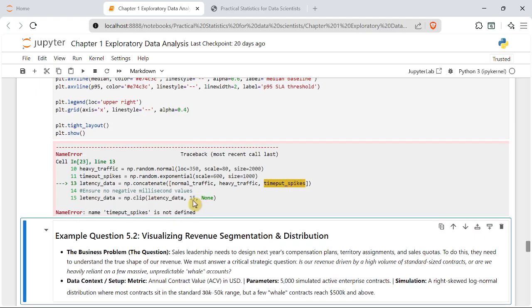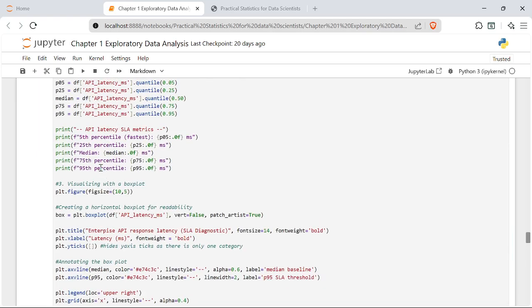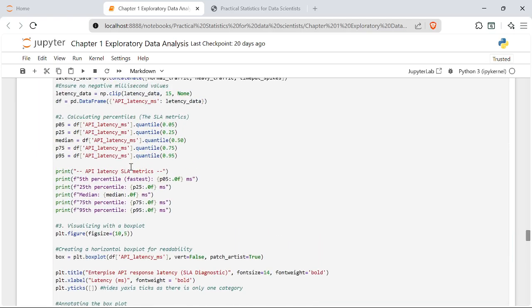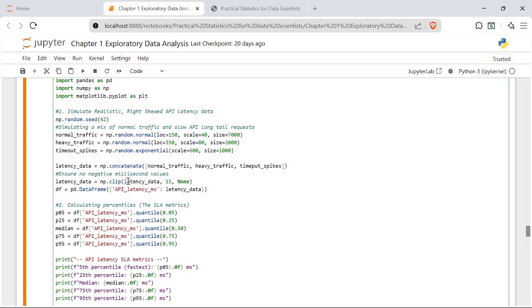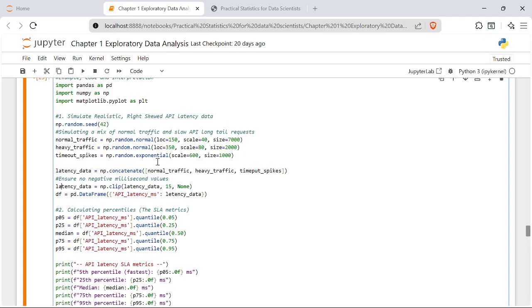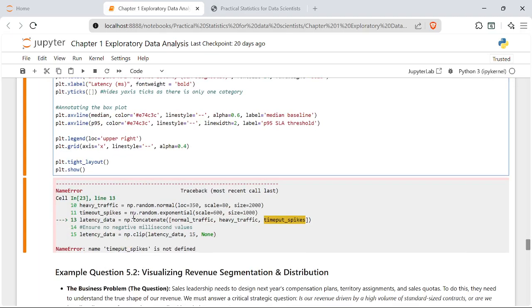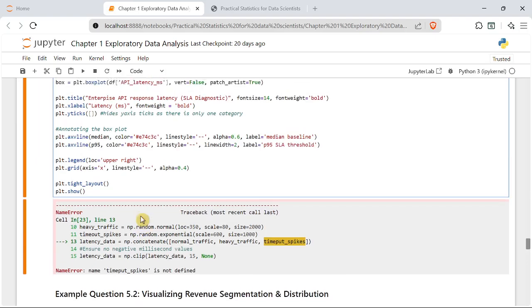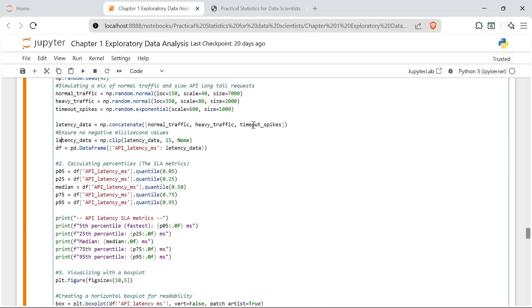Timeout spikes is not defined. Line number 13, timeout spikes was never defined clearly.